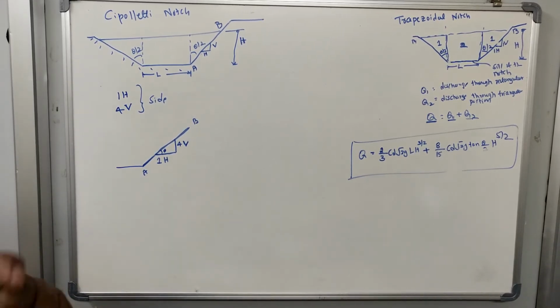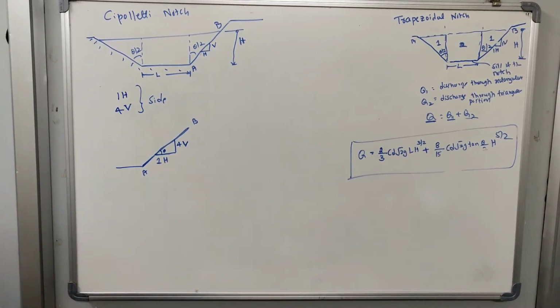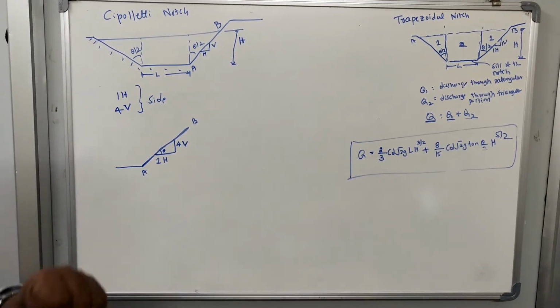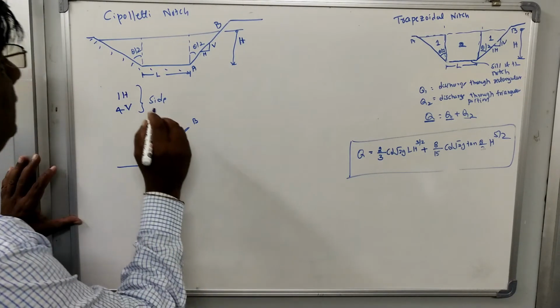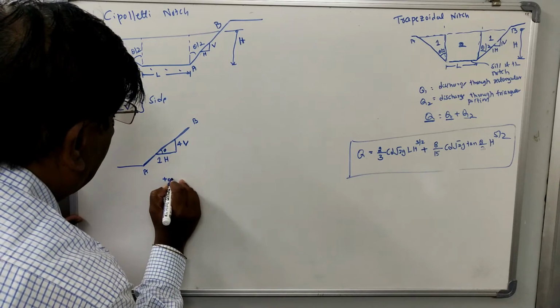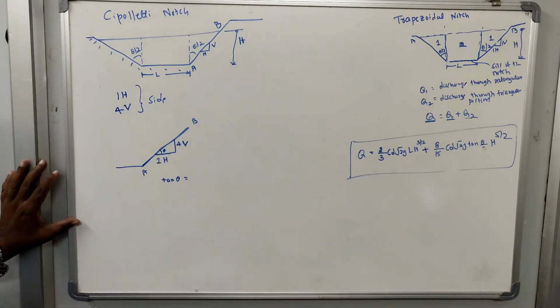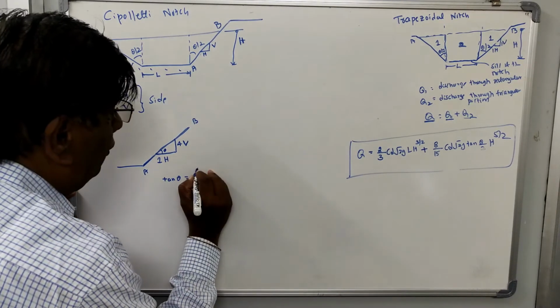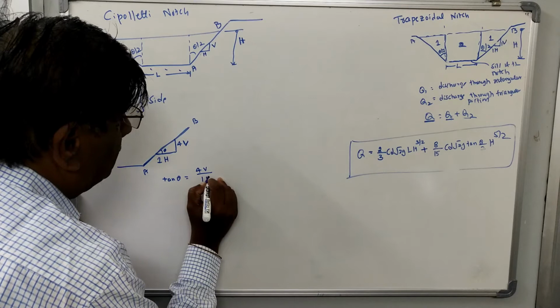The Cipolletti weir or notch has side slopes of 1 horizontal to 4 vertical. That is, tan theta is equal to 4 vertical divided by 1 horizontal.